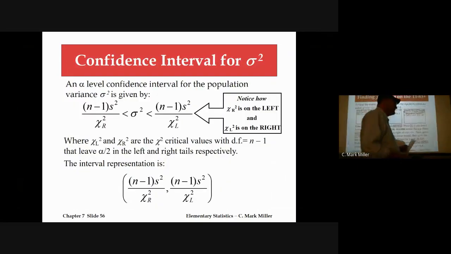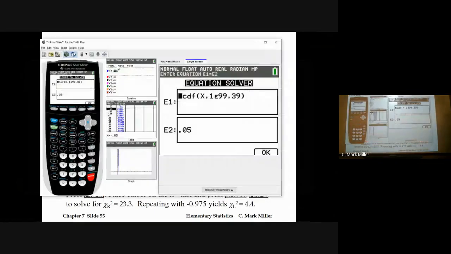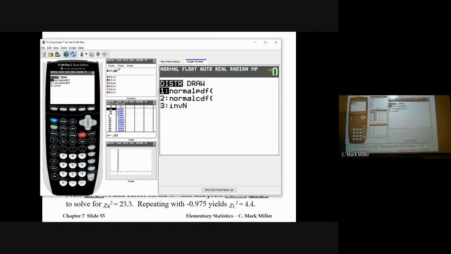Let's go over here. I mentioned I'm going to get the 4.04 value that we got. So I don't need TCDF. I need chi-squared CDF. So what I do is I position my cursor on that T right there, and I go second distribution, and I want chi-squared CDF, which is choice number 8.